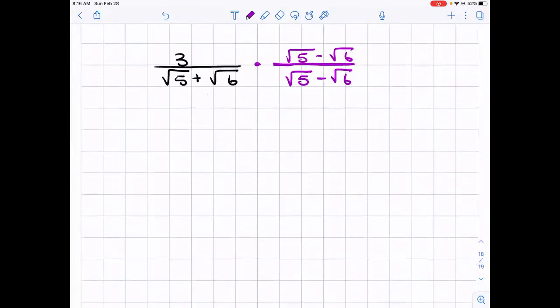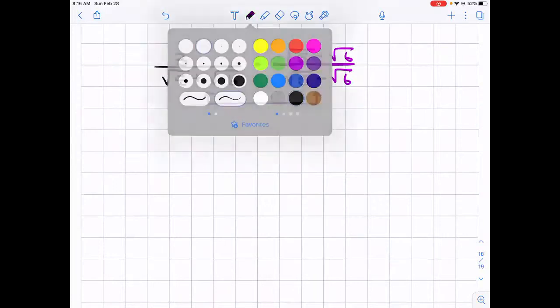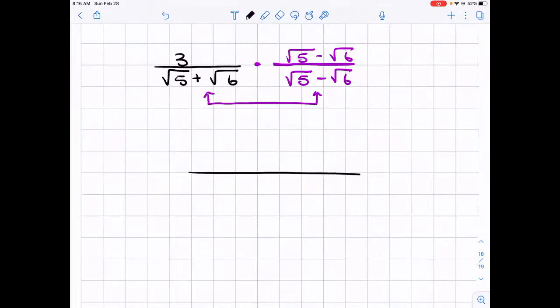So if you multiply these two, because they're a difference of squares, the denominator will become the square root of 5 squared minus the square root of 6 squared.